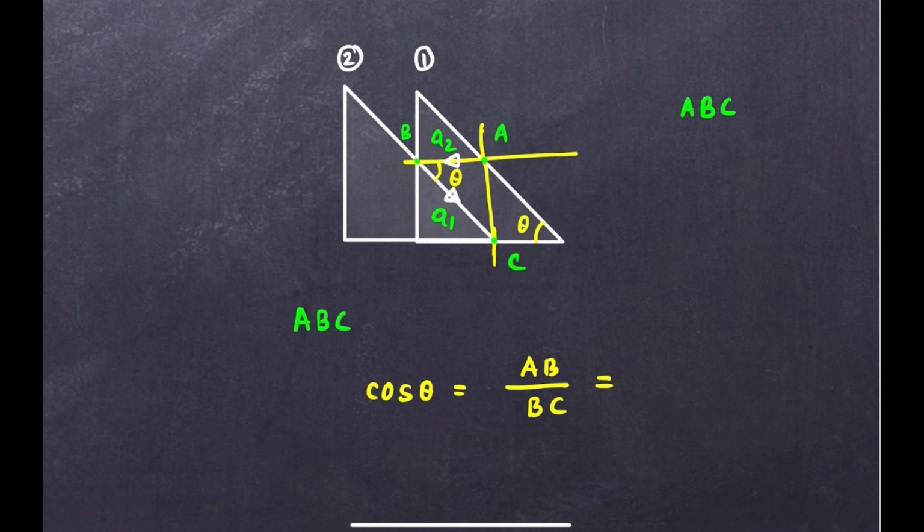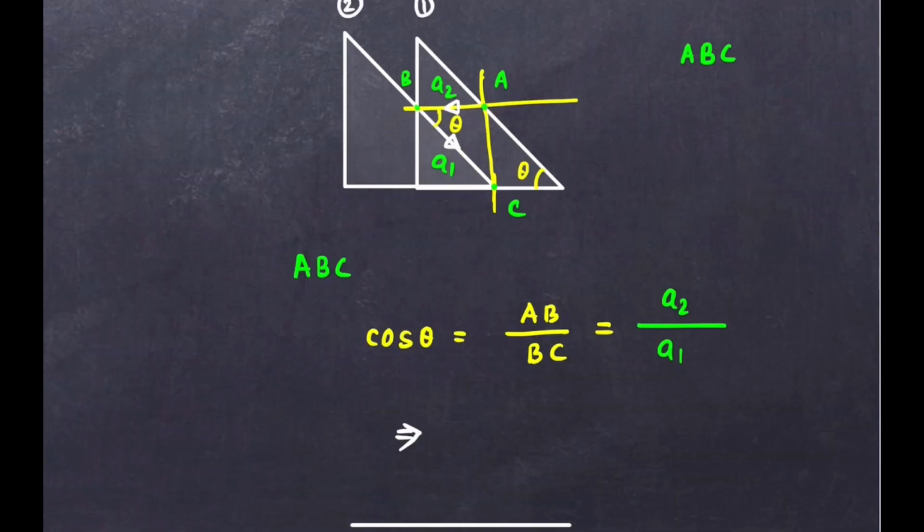Now what will AB correspond to? AB will correspond to the acceleration of A2, whereas the side BC will correspond to the acceleration A1, because on the side AB we have plotted the acceleration of A2, and on the side BC we have plotted the acceleration A1. On simplifying, we can write that A2 will be equal to A1 cos theta.